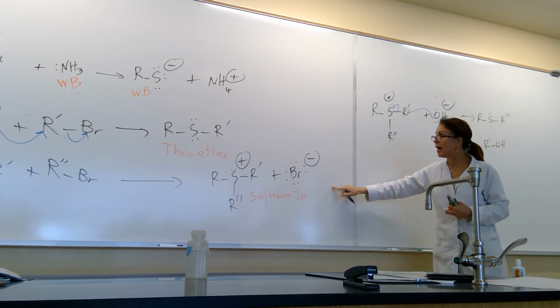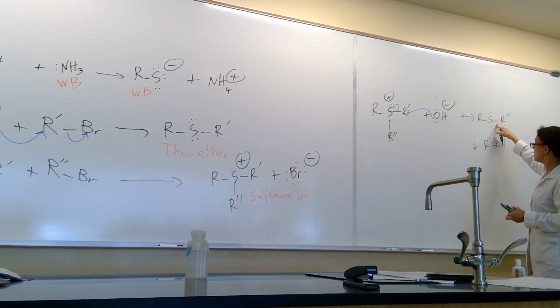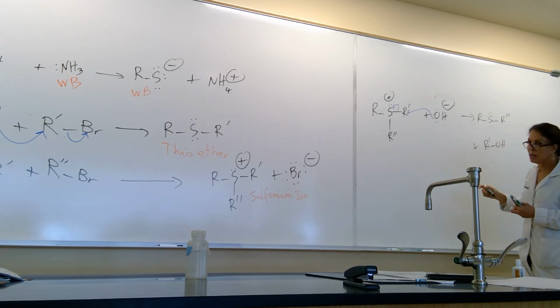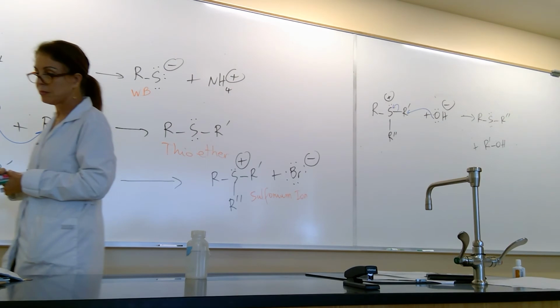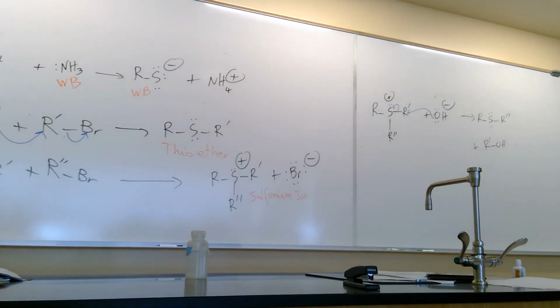So sulfonium ions can give you a thiol, ether, and an alcohol. That's all you need to know about sulfur-containing compounds.